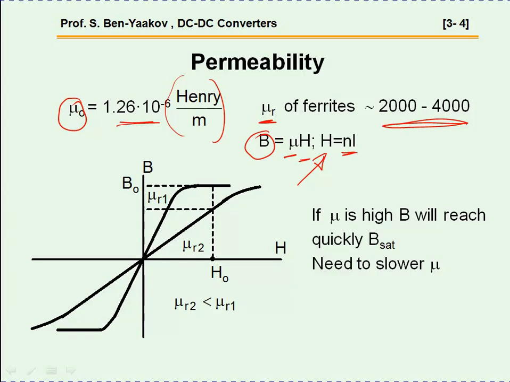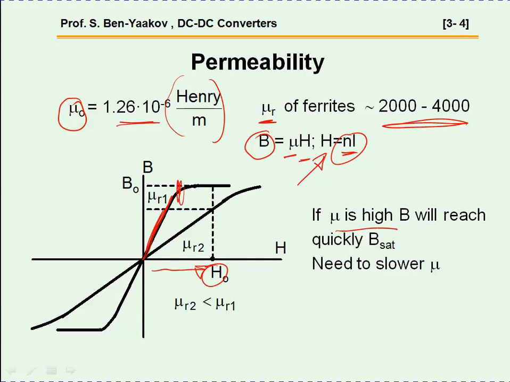Now, as I've already mentioned before, contrary to the intuition, there is a problem using high mu material, because if mu is high, and here the slope is very steep, then very quickly, for a given H, which is N times I, the core will go into saturation.